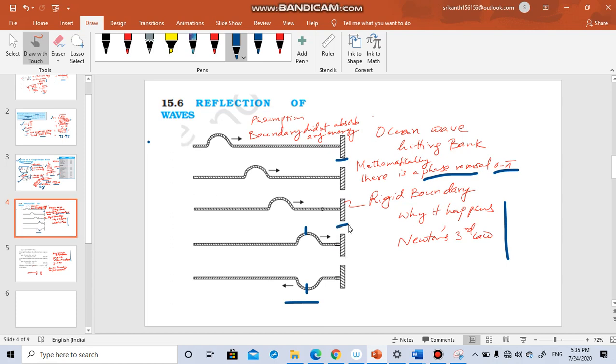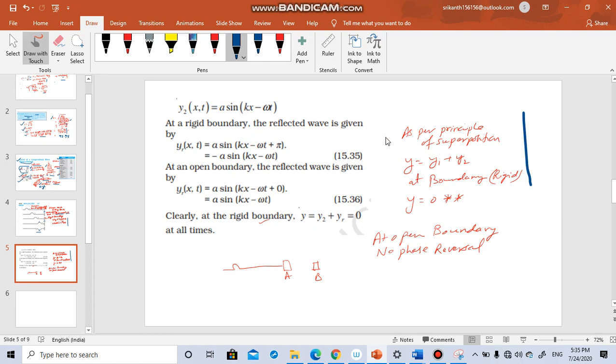So let us see what is happening at the boundary. You have to add the displacement due to the front wave and the back wave. So here you are going to get y equal to 0 because there is a phase reversal.